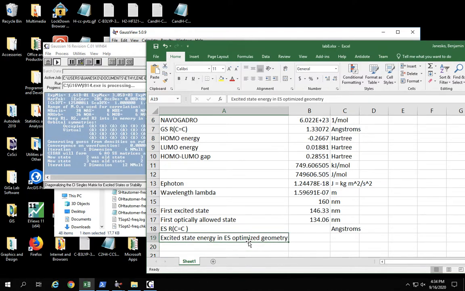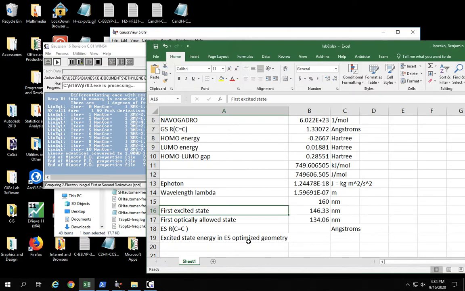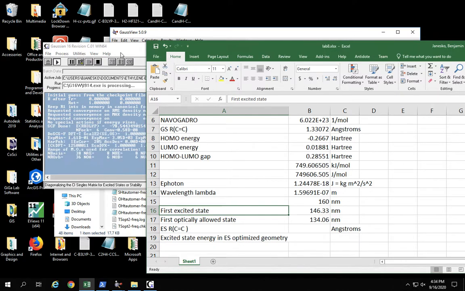This energy should be smaller than this energy. That's going to be a fluorescence shift. So I excite the molecule to an excited state, the geometry relaxes in the excited state, and then it goes back down to the ground state emitting a photon. The emitted photon should be redshifted relative to the absorbed photon. And that's the normal fluorescence. So it's running. We'll let it keep running.